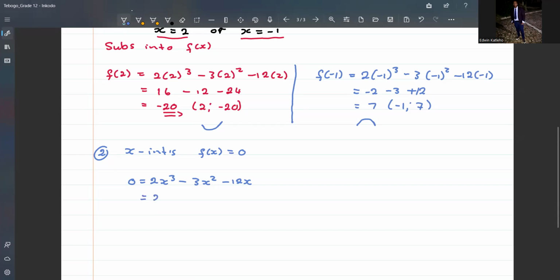So we can take out x, and then what we have here is 2x squared minus 3x minus 12. We just need to factorize this part and get the other factors where possible.